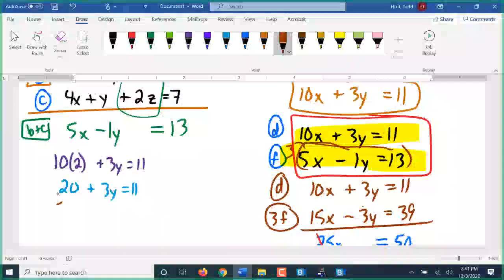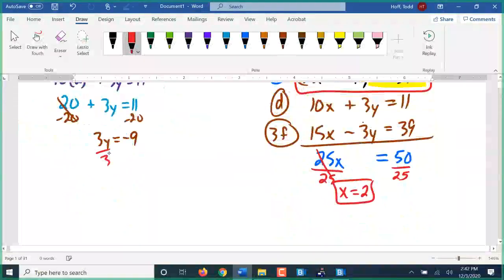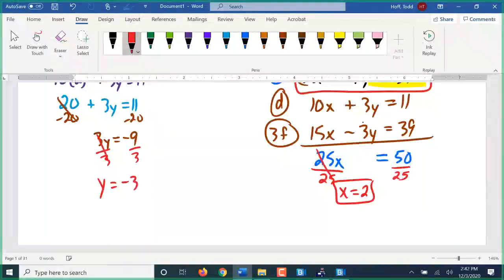Now we'll start to solve. We'll subtract 20. So 3y equals 11 minus 20, which is a negative 9, and we'll divide by 3. y equals negative 9 divided by 3, which is a negative 3. So y equals negative 3.